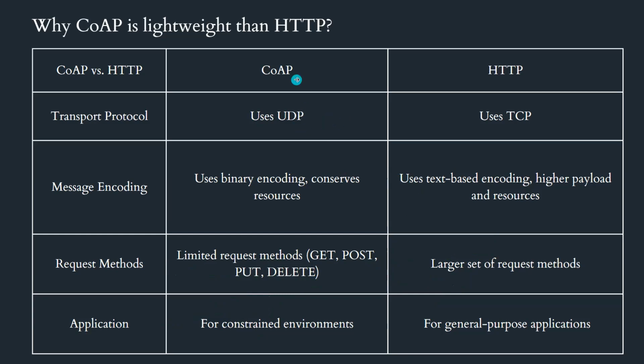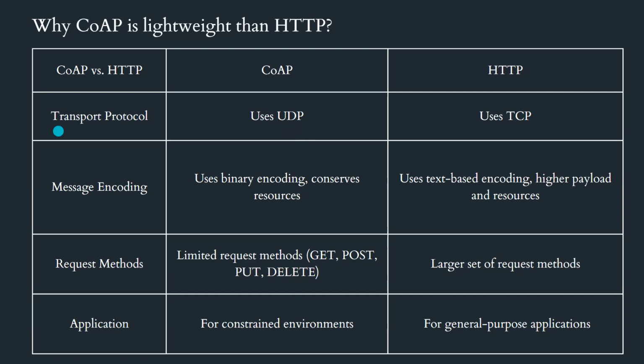So basically, CoAP is a lightweight protocol, and it uses very simple methods to transfer information to its neighbors. Therefore, it is using the UDP protocol, which is a connectionless and unreliable protocol.